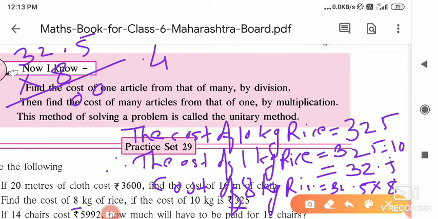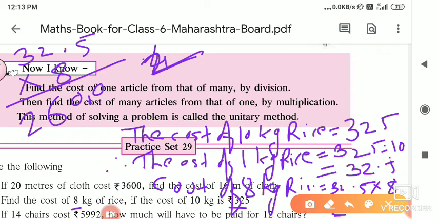So it is 0 and carry 2, and 8 3s are 24, and 24 plus 2 is equal to 26. There is one digit after the point, so you give the point here, and the answer is 260 rupees, the cost of 8 kg of rice.